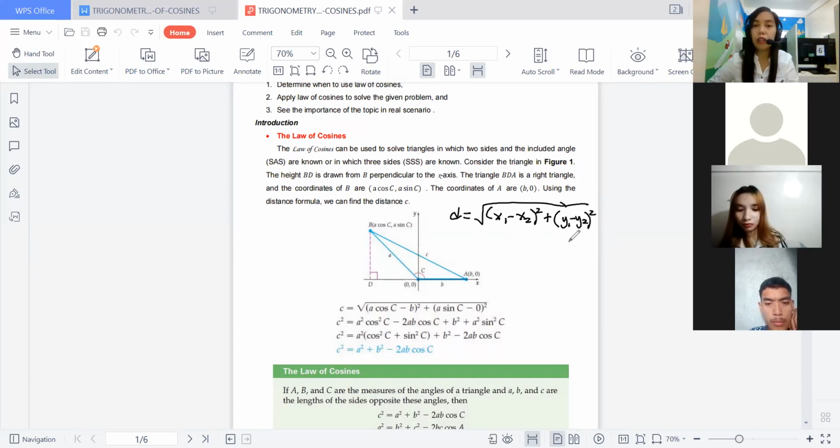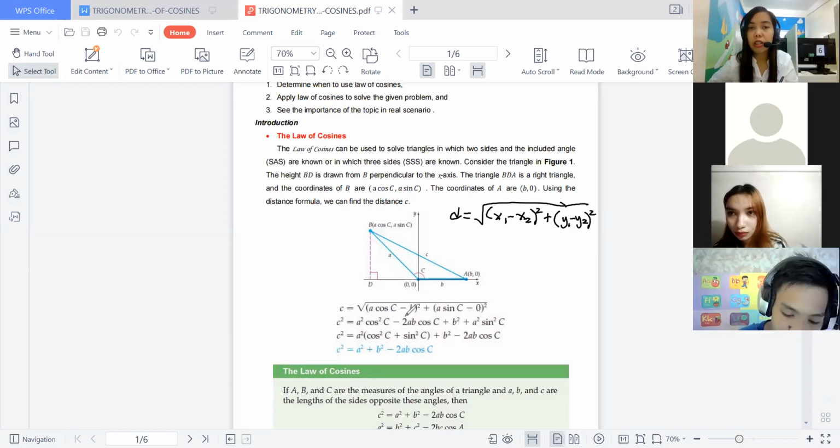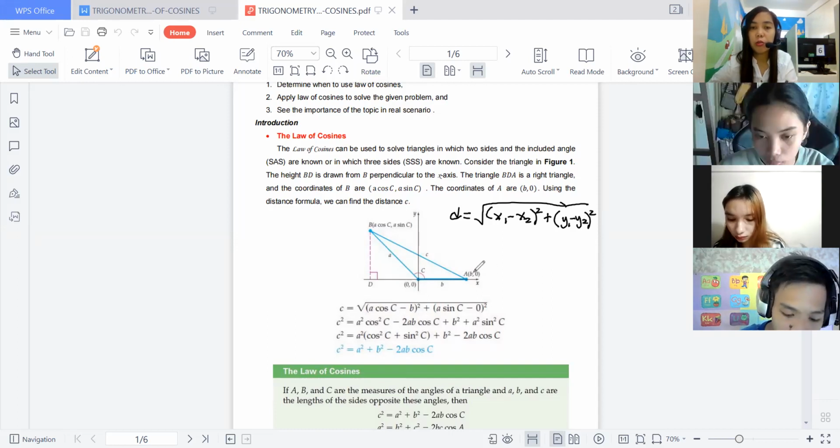Okay, so following the distance formula, we will have the square root of our x coordinate, a cosine C, minus the x coordinate of the other angle, b, minus b. Okay, the square root of a cosine C minus b, squared, plus the squared of y sub 1, which is a sine C, minus the y sub 2, which is 0.